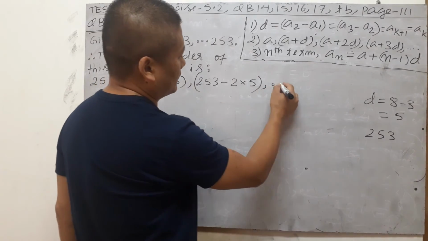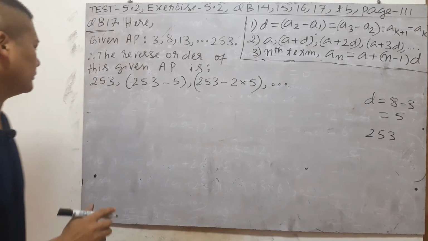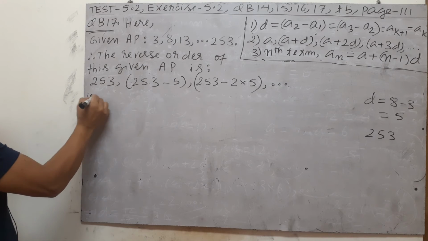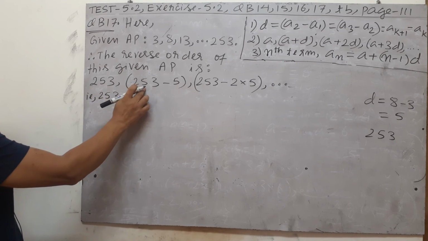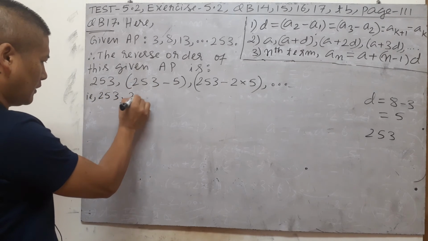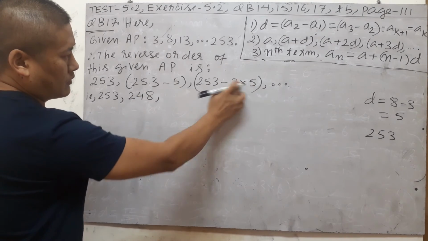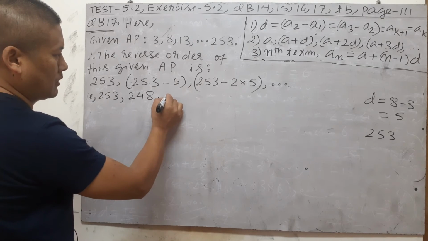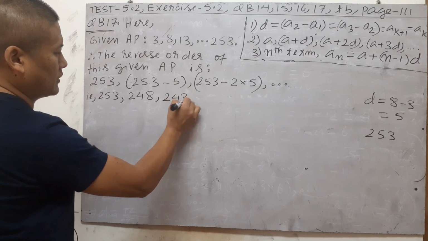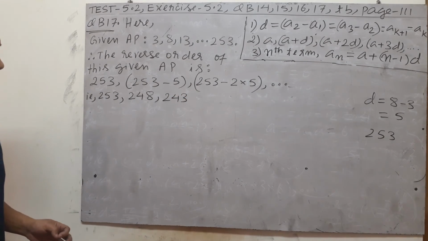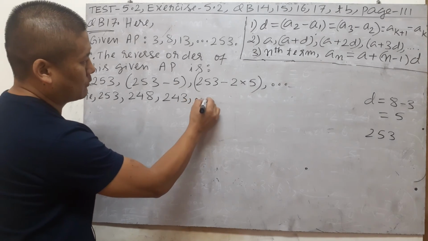So here it goes on like that. 253, and 253 minus 5 is 248. Two 5s are 10, so 253 minus 10 is 243. So etc., we don't know, up to like this.